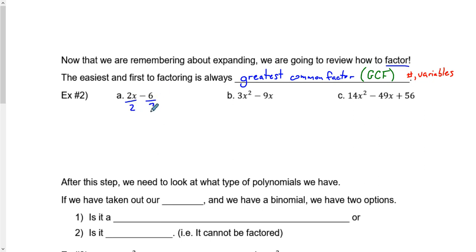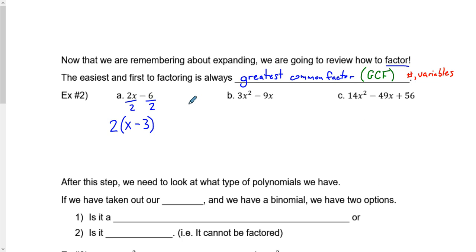But here's where factoring and division differ. You are not actually dividing 2x by 2 and being left with just x. Same as you're not just dividing -6 by 2, getting -3, and being left with that. When you factor something, you have to put that common factor out in front.